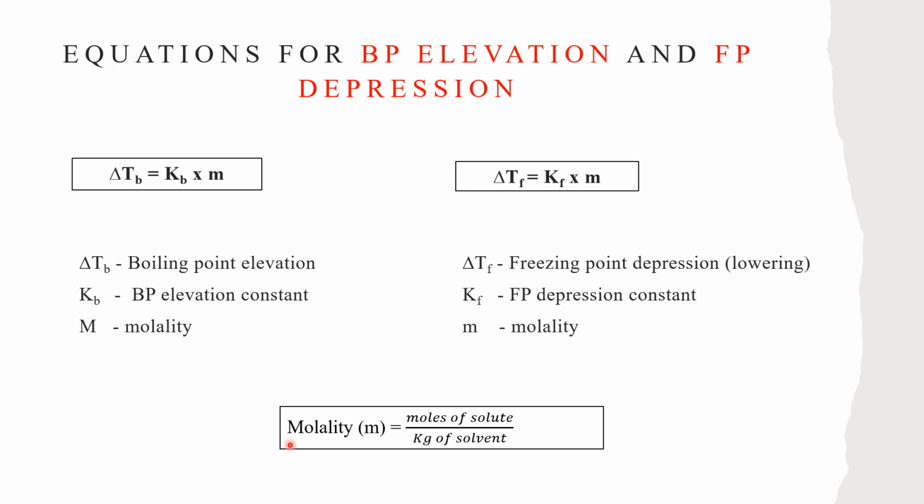Molality we can define as moles of solute divided by kilogram of solvent, so the unit for molality is moles per kilogram. Let's apply these equations to problem solving in the next slide.